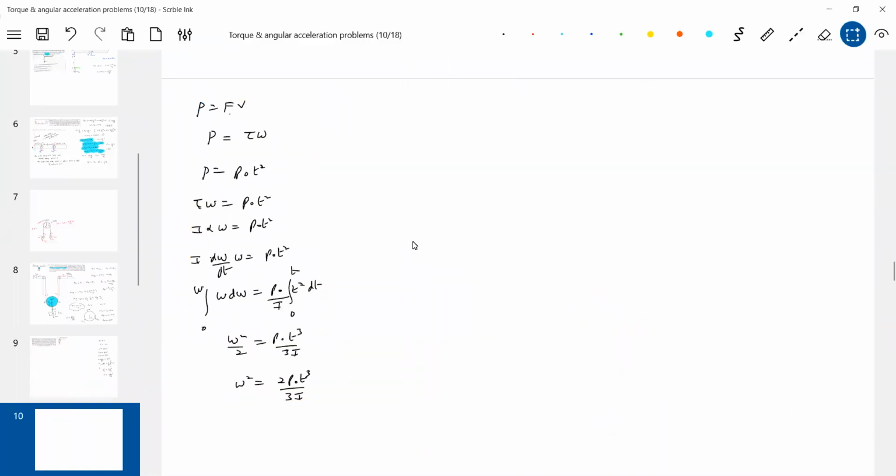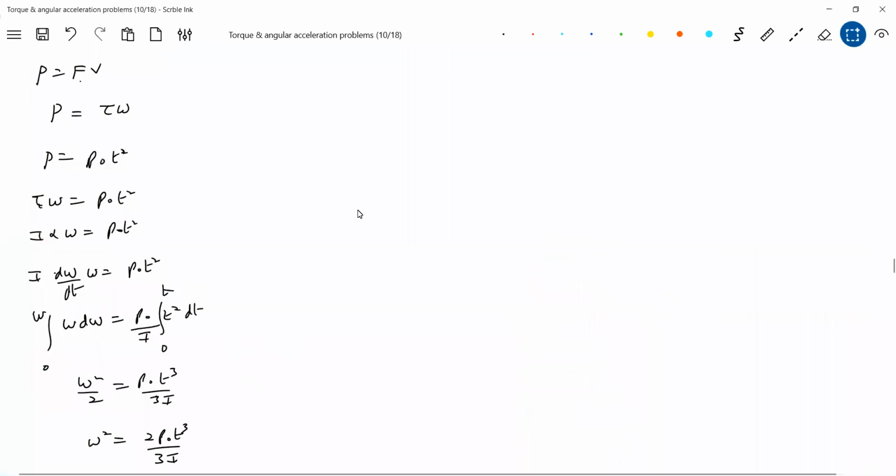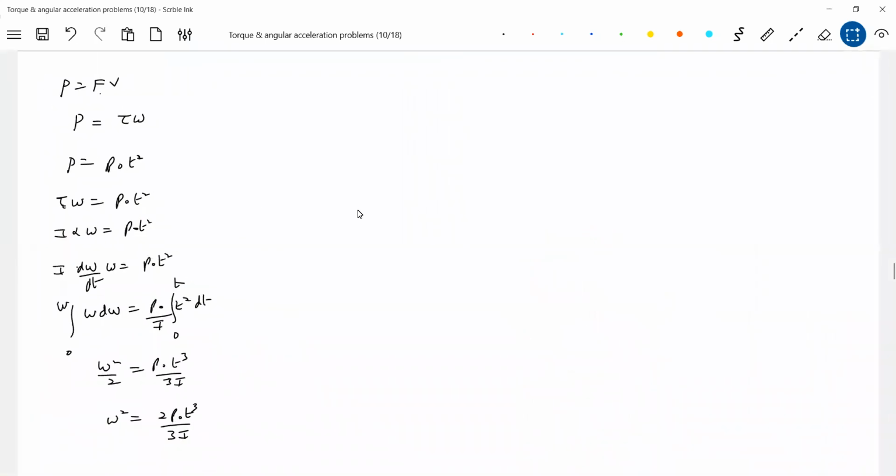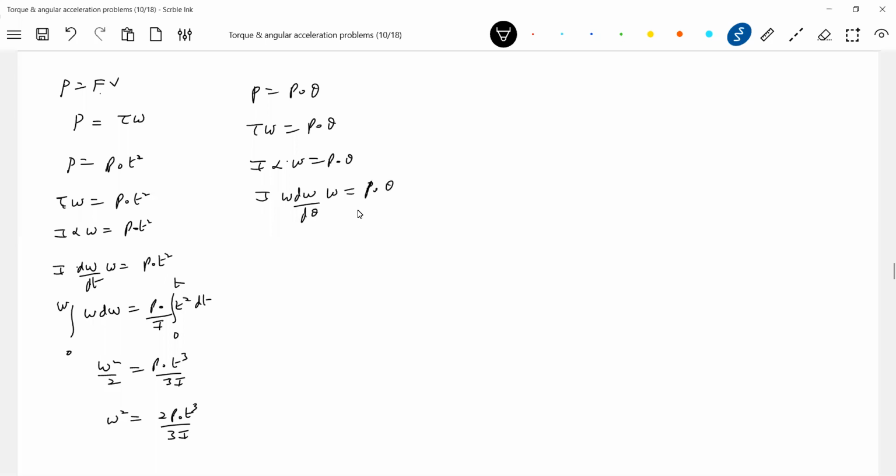Okay, so this is power. Now the same thing, the power acting on a rigid body. Now what is I? I is the moment of inertia. The power acting on a rigid body, if it varies as a function of angular displacement, then what you're going to do again: tau omega equals P naught theta, where tau is I alpha. So I alpha omega equals P naught theta. Alpha, you can write as omega d omega by d theta.